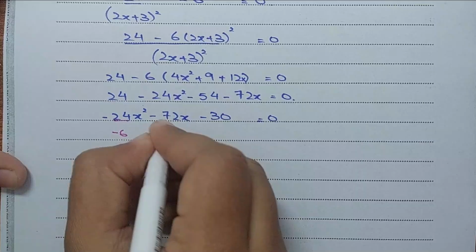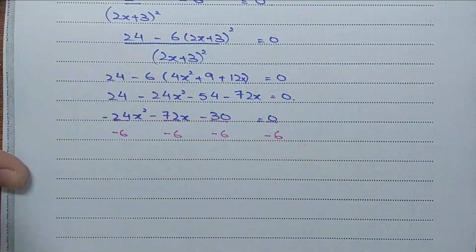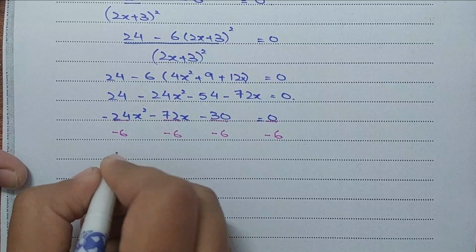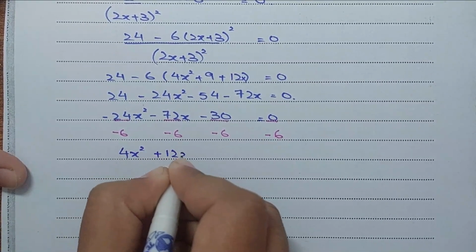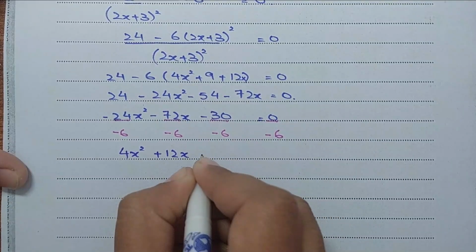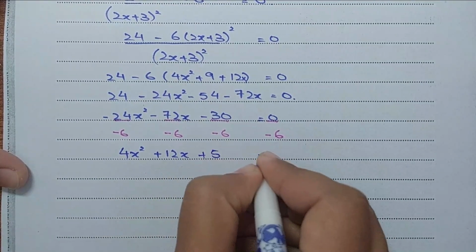So minus 6, minus 6, minus 6, and minus 6. Okay. 6 times 4 is 24. 6 times 12 is 72, which we have done. And what is with 30? 6 times 5 is 30, equals 0, right?